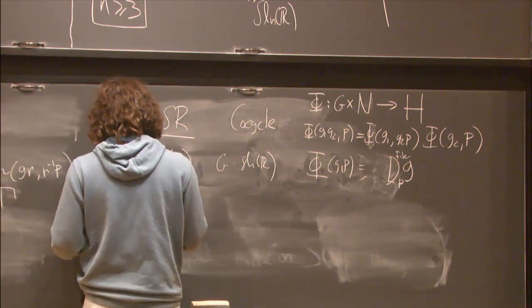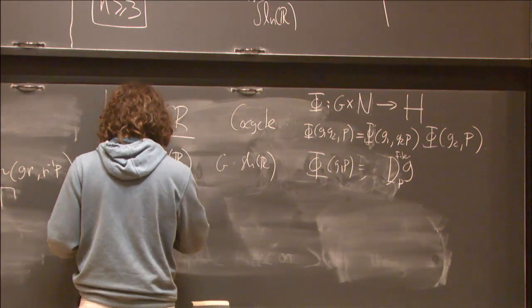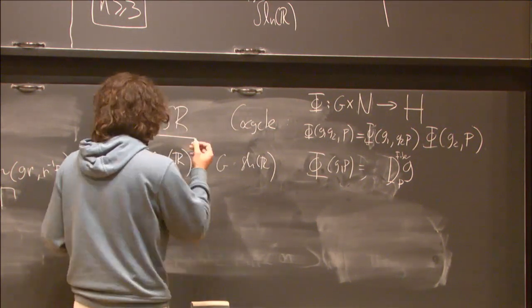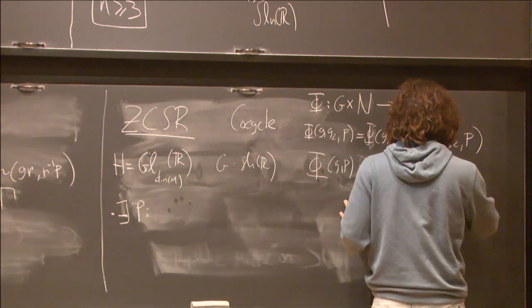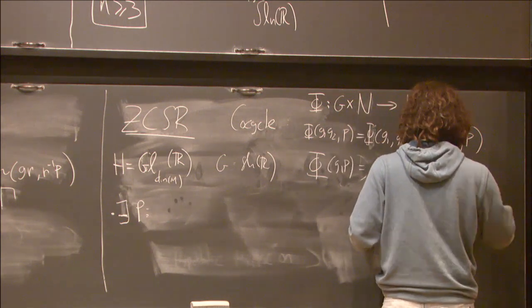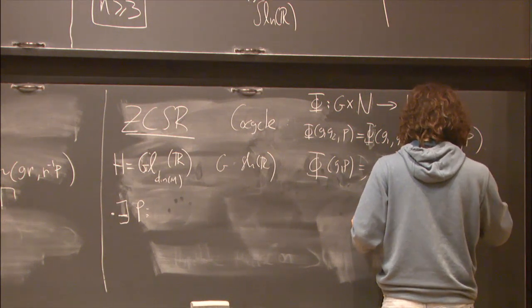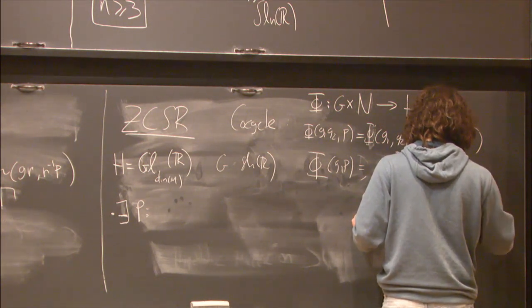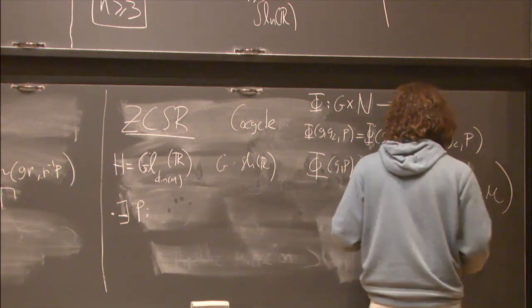I'll state it here: there exists phi, and here I'm going to assume the action of G on M is ergodic and preserving some measure mu.